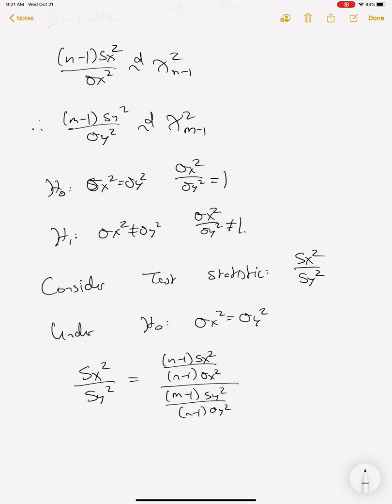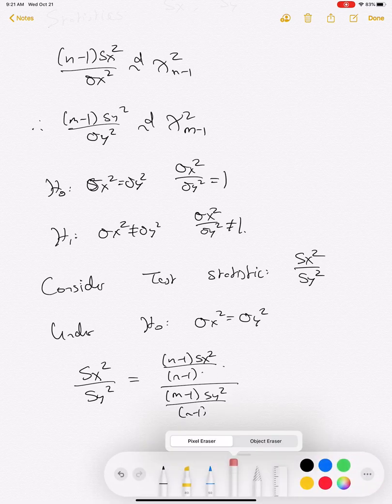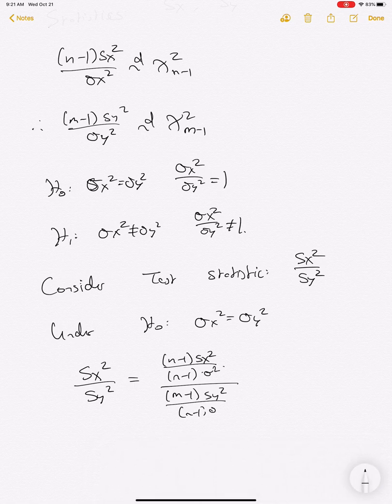Because sigma x squared over sigma y squared cancel, this is just going to be equal to, so we can just write this as sigma squared and then sigma squared.